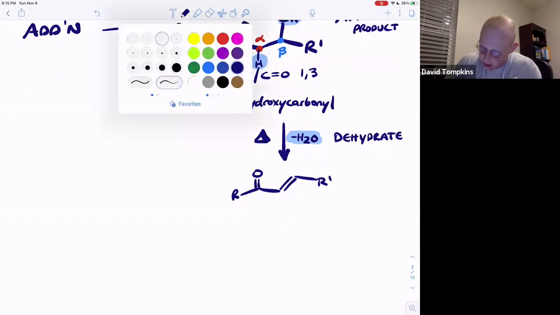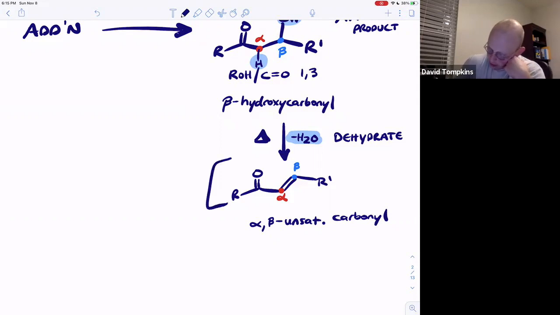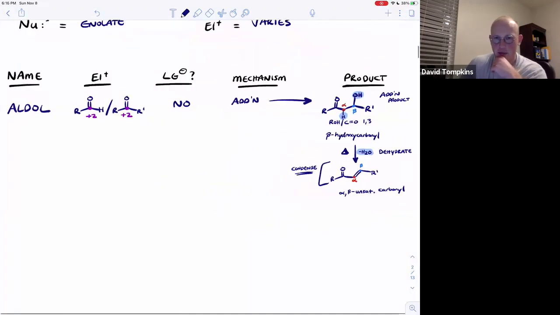But specifically, the alkene is between the alpha and the beta position relative to a carbonyl. So this condensation product is known as an alpha-beta unsaturated ketone. And I'll leave it generic. It could be any alpha-beta unsaturated carbonyl. It doesn't have to be a ketone. So overall addition and then condensation, when you lose water, gives the alpha-beta unsaturated or enone compound from the aldol.